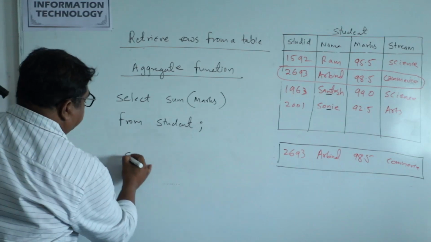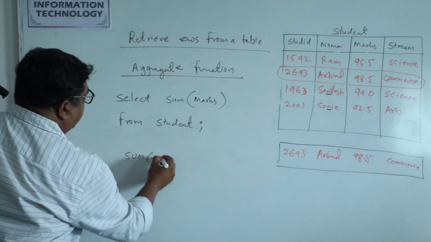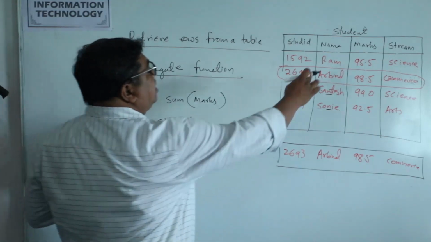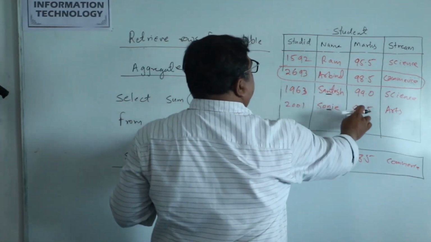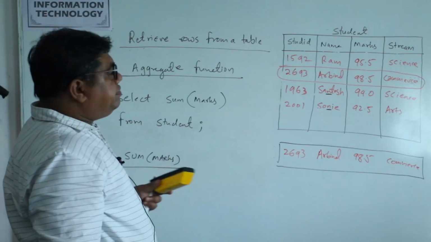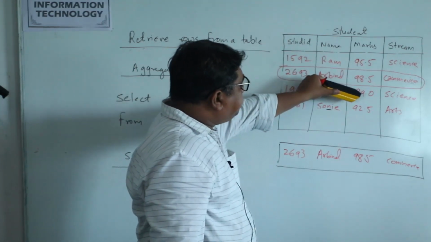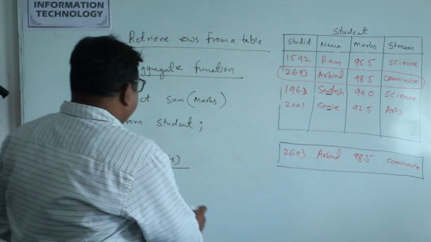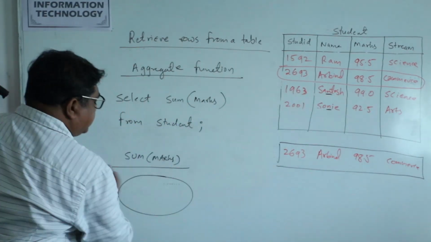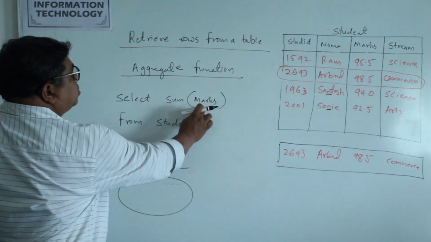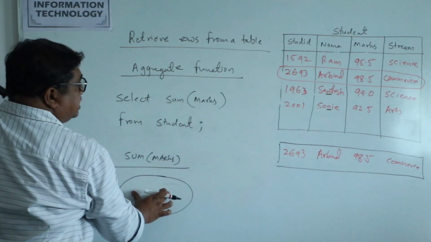So what will be the output for this? The output will be sum marks, and it will add all those marks. It will add 95.5 plus 98.5 plus 99.0 plus 92.5, and it will give you the value here. It will sum all the values and give a single output.